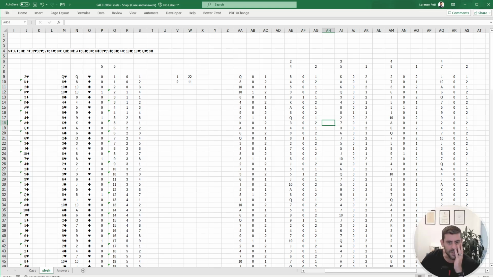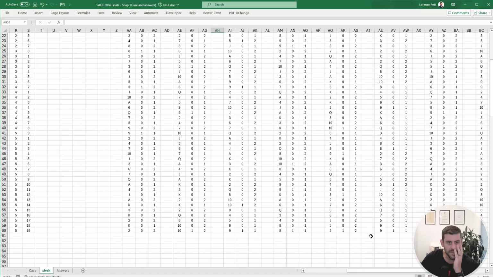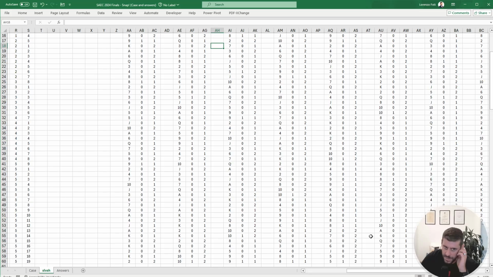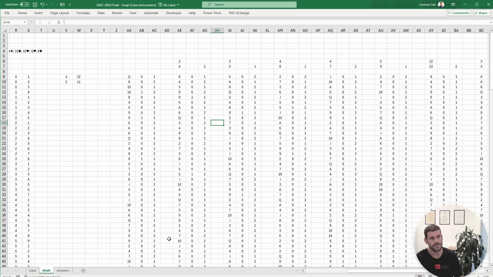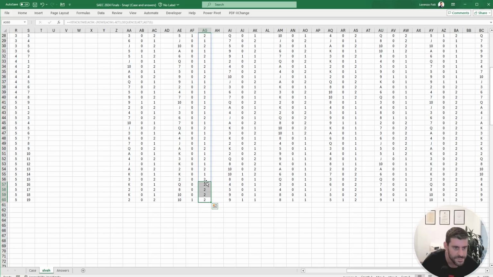Let me look at the players, because oh no. So here has not been 4 cards. No, it cannot work like this.